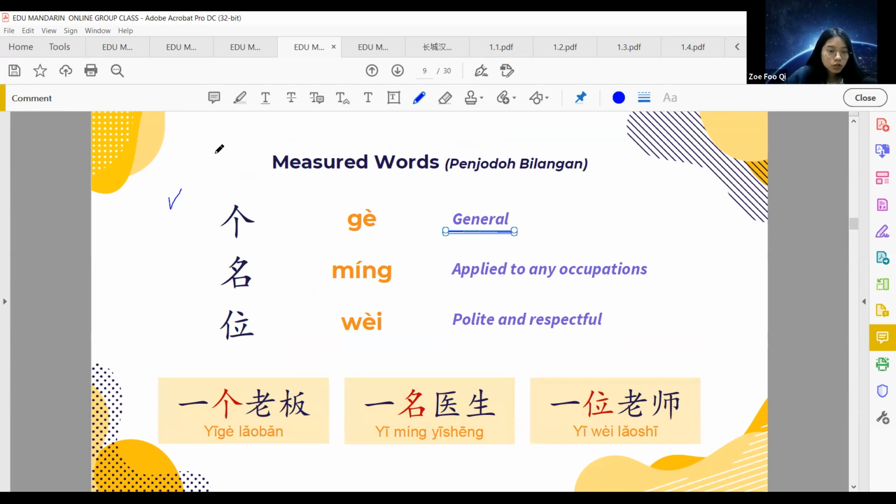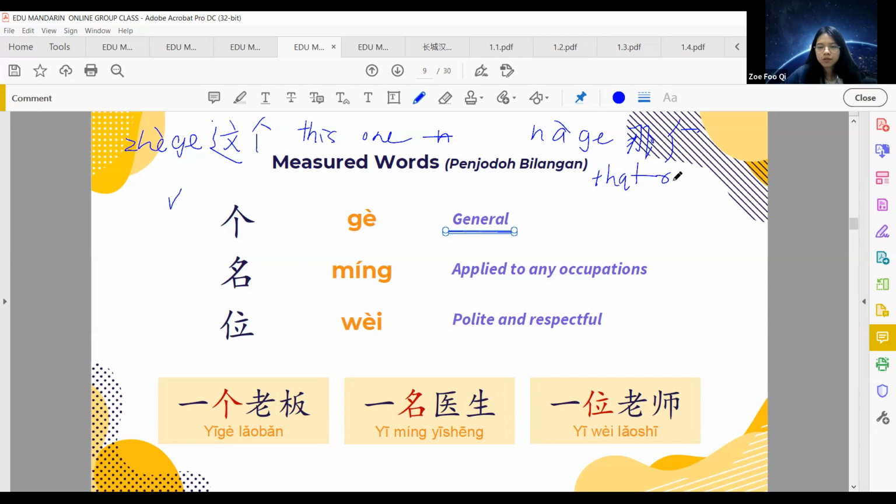For example, you will listen to 这个那个, right? 这个 will be this one. Okay, and then 那个, sorry. So 这个, and then 那个 will be that one.